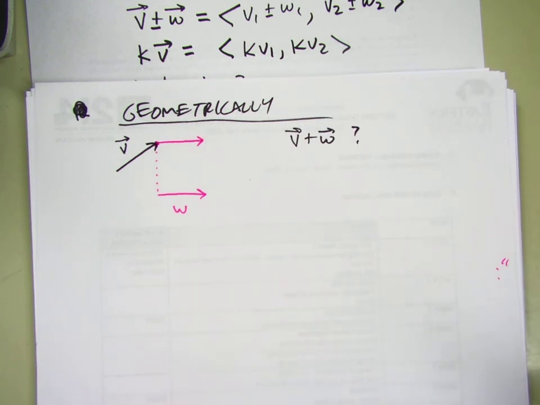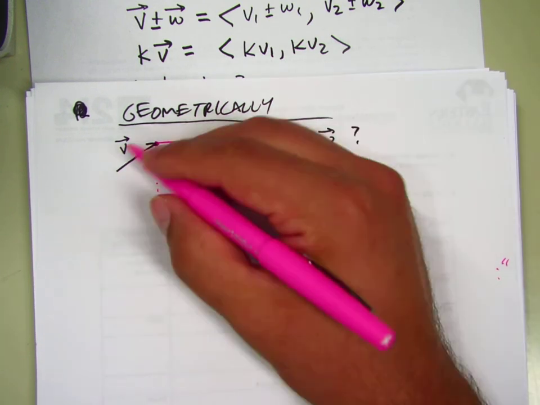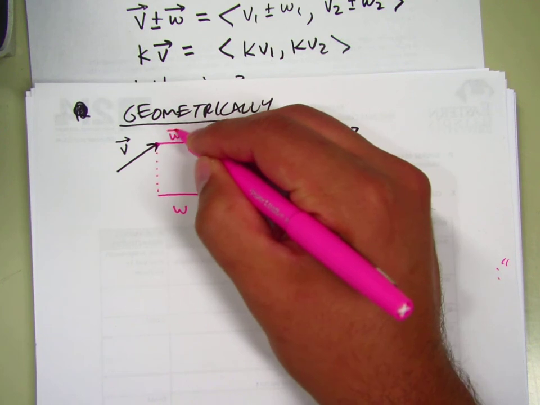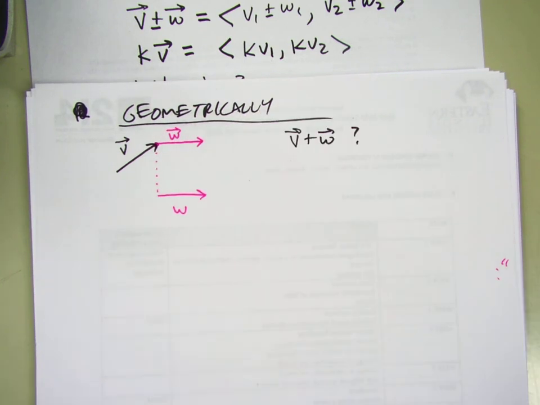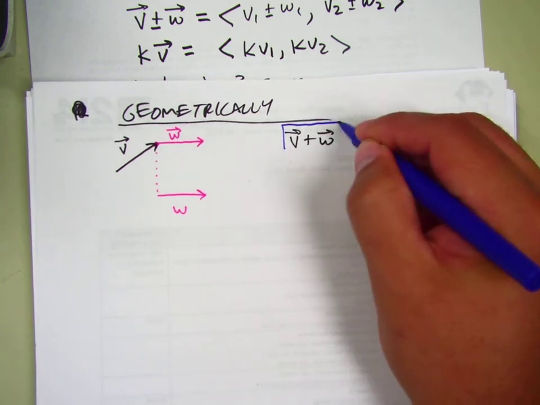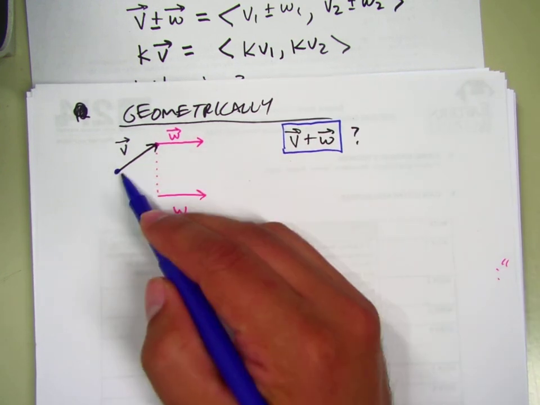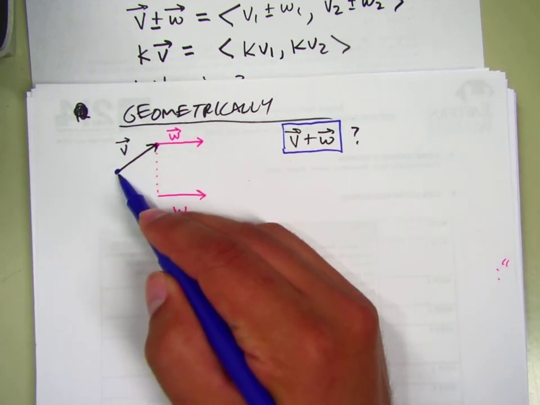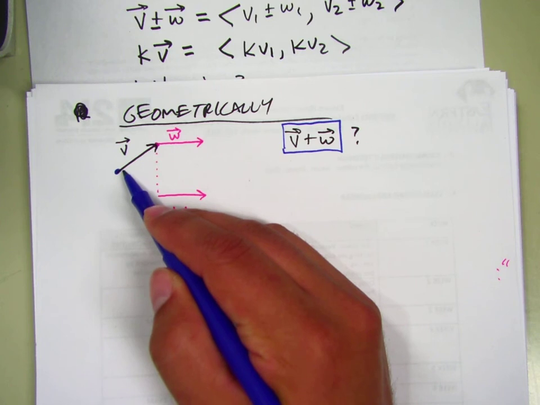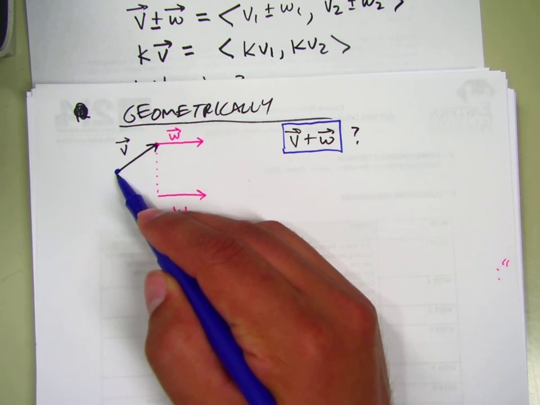And so now here's V, here's W. V plus W would be the very beginning of V to where? The very end of W. Very good.